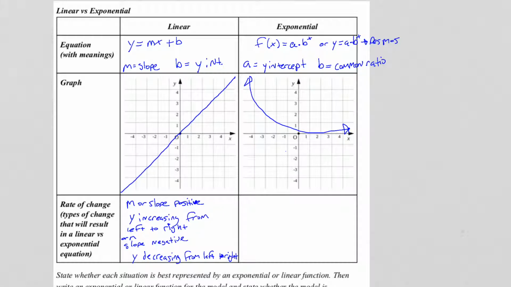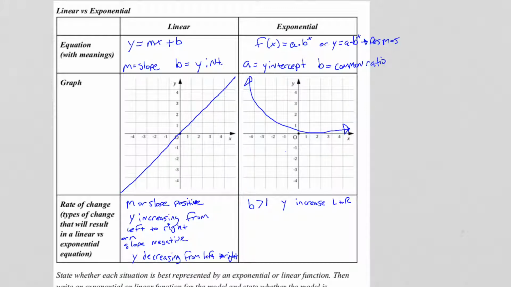In exponential functions, if b was a number greater than 1, then the value of y would increase from left to right.